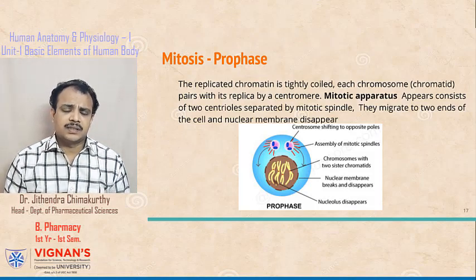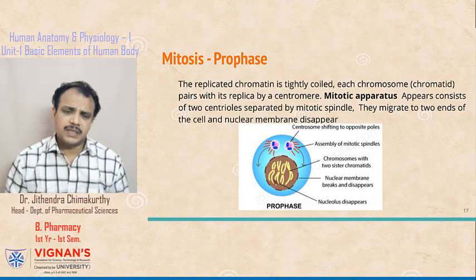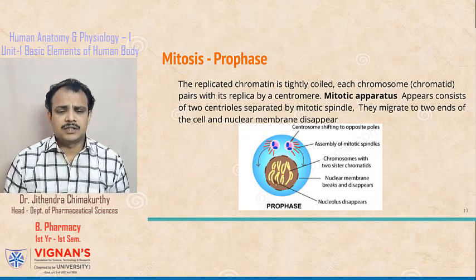The mitotic apparatus consists of centrioles, 2 in number, and mitotic spindles. These centrioles and mitotic spindles are formed from microtubules. And these 2 centrioles migrate to 2 ends of the cell and the nuclear envelope also disappears.